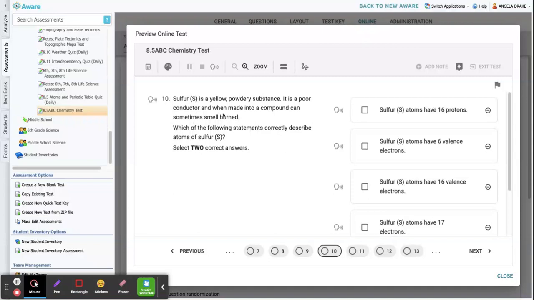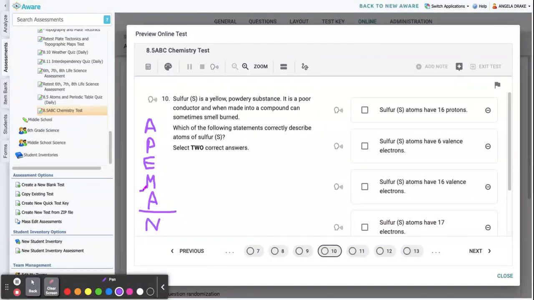All right, sulfur is a yellow, powdery substance. It's a poor conductor when made into a compound and can sometimes smell burned. Which of the following statements correctly describes atoms? Okay, so I want to do an 8-man for sulfur. All right, sulfur is number 16.